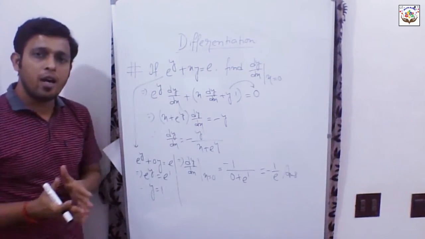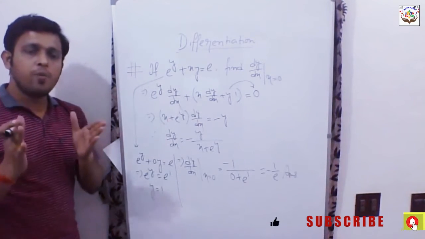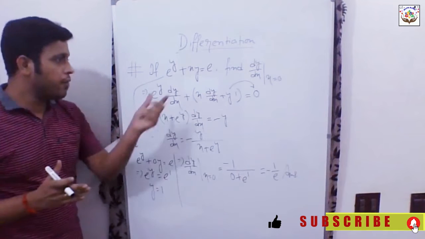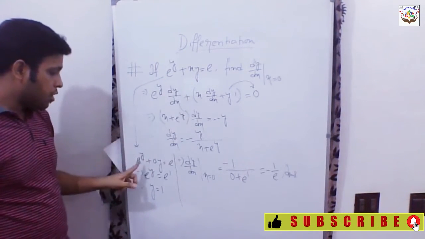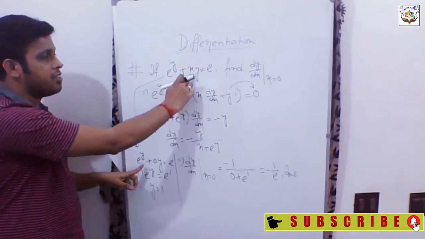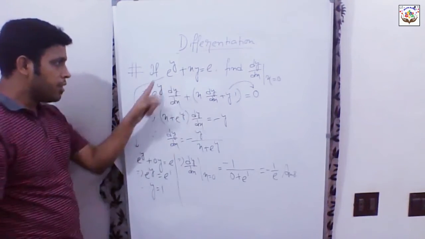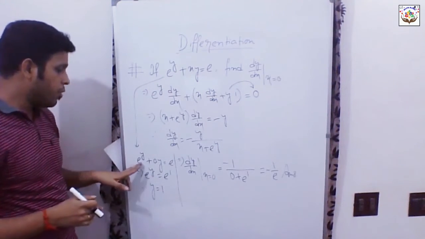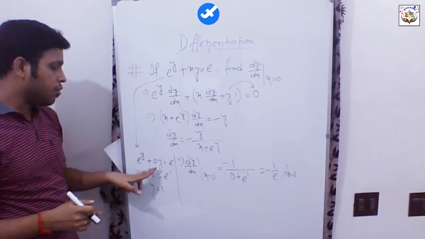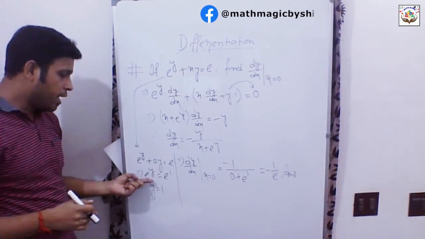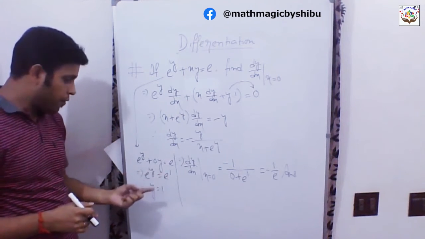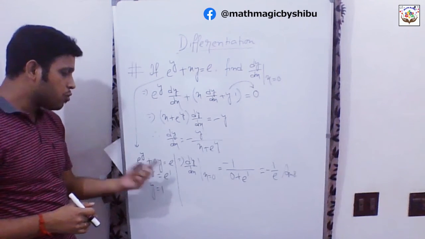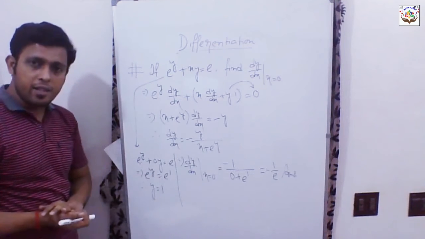To get the value of y when x equals 0, we need to put the value of x equals 0 in the first expression. So as I deduced, if we put x as 0 in the first expression, keeping the y part the same, it will be e to the power y plus 0 equals e. So we can write e to the power y equals e, and e means e to the power 1. Okay. So y can be equal to 1 by the concept of indices.